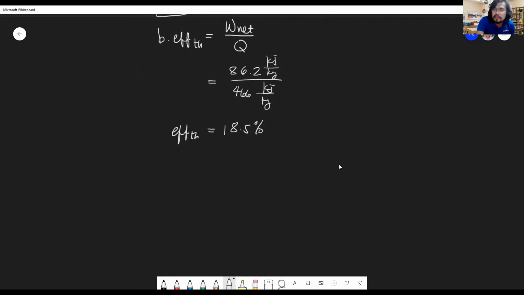We'll have to improve this efficiency still. This is way below that in the literature.